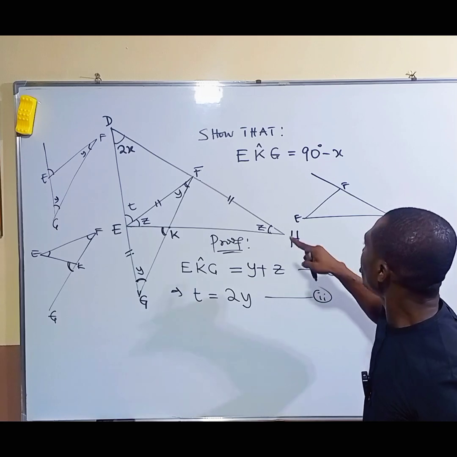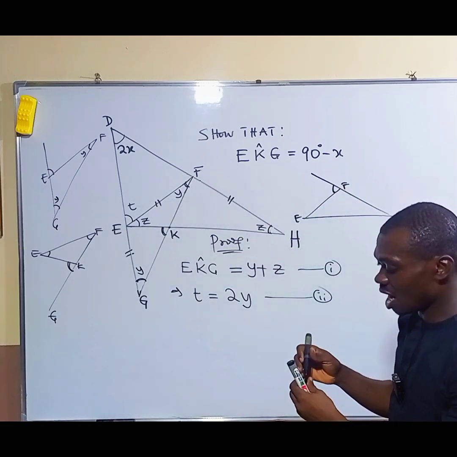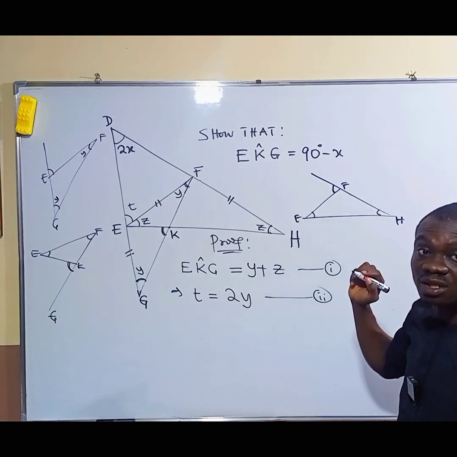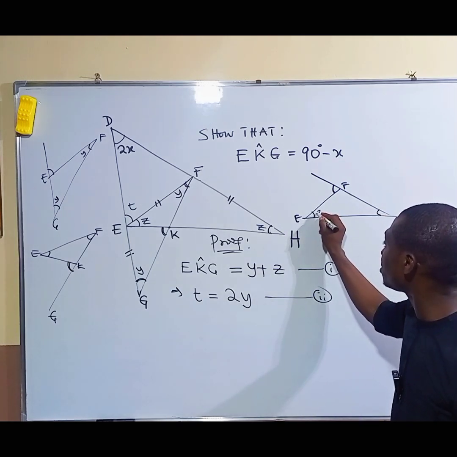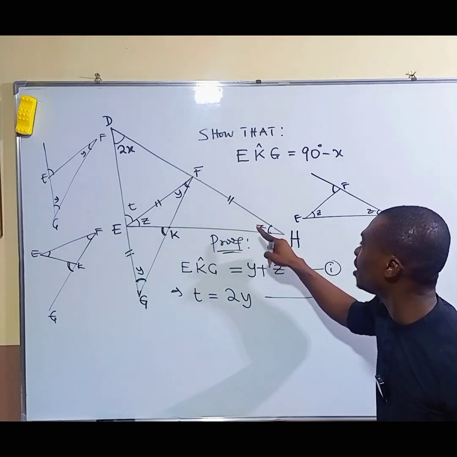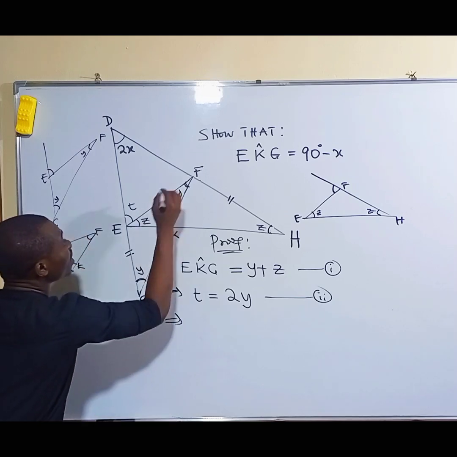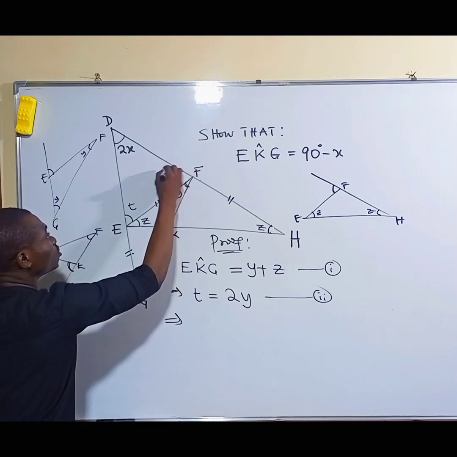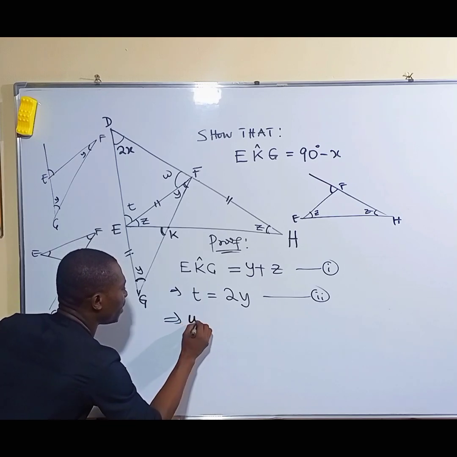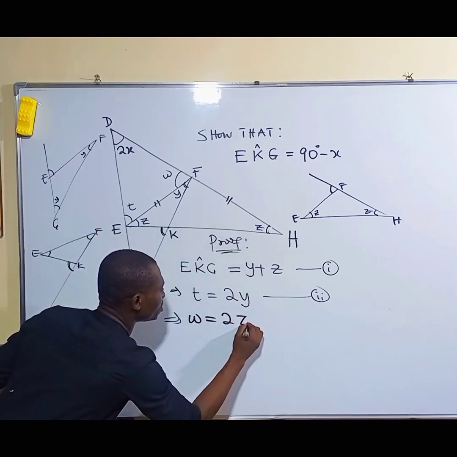This angle here is external to it, so it is equal to the opposite interior angles, which are Z and Z. You can see Z and Z here. Let's call it angle W. By implication, our W is equal to Z plus Z, which is 2Z.